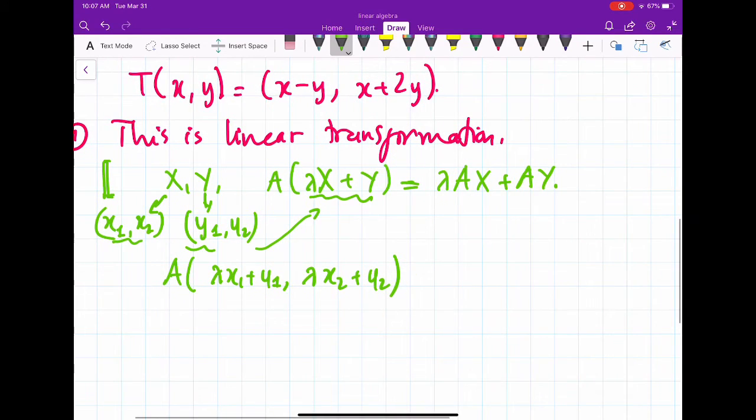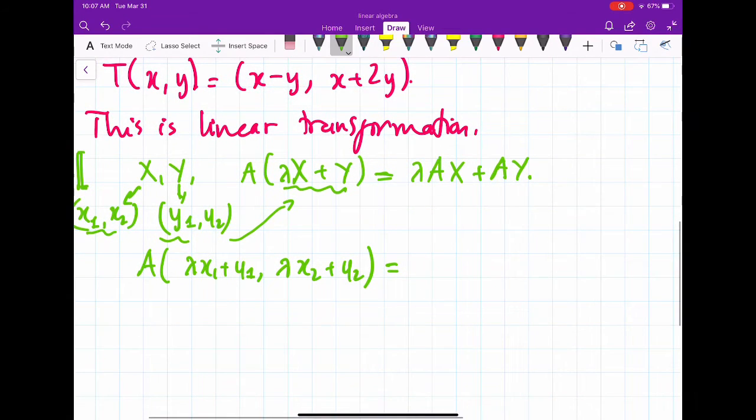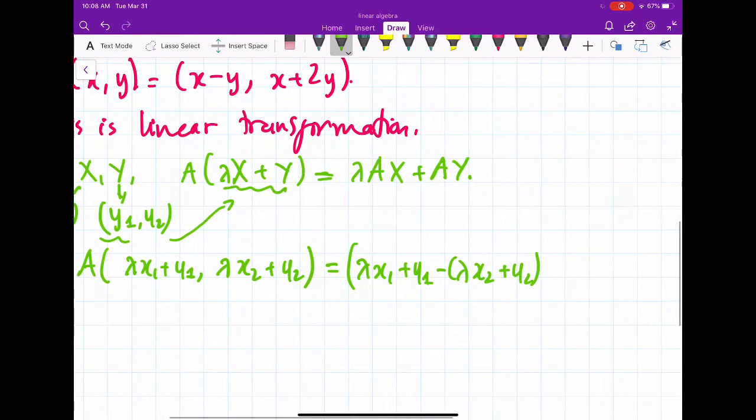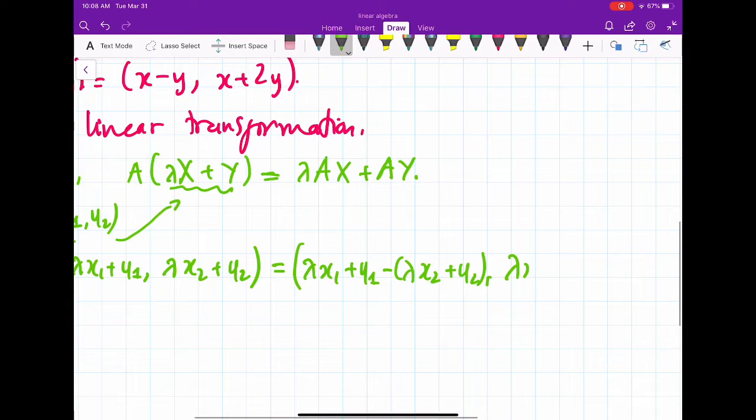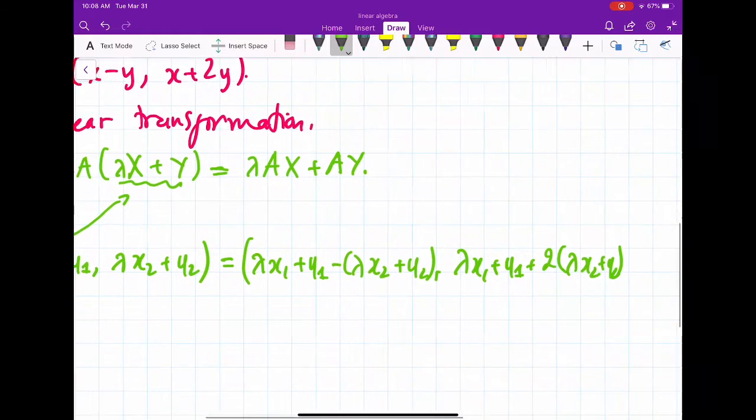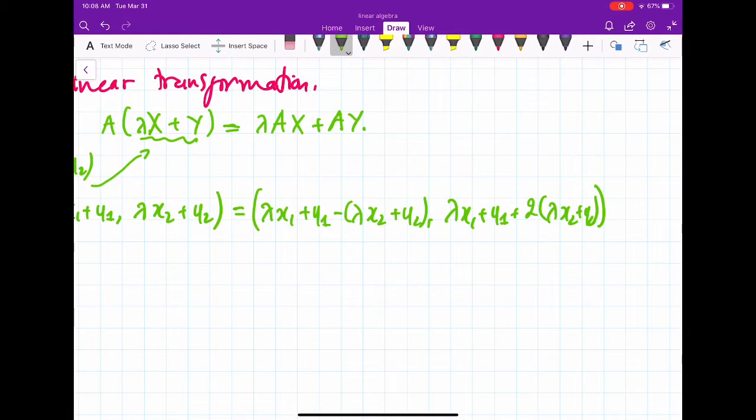By the definition of this linear transformation, the first coordinate is lambda x1 plus y1 minus lambda x2 plus y2, and the second is lambda x1 plus y1 plus 2 times lambda x2 plus y2. I want to get the form lambda T(x) plus T(y), so I need to collect all terms with lambda. So I have lambda x1 minus lambda x2 and then plus y1 minus y2.